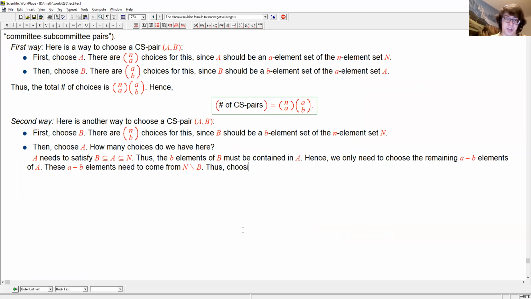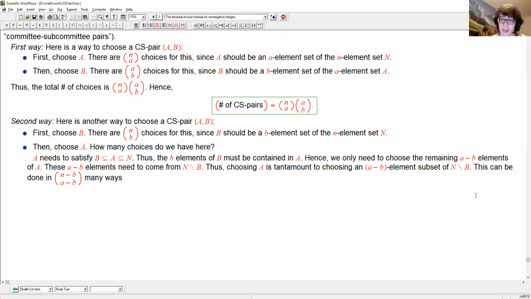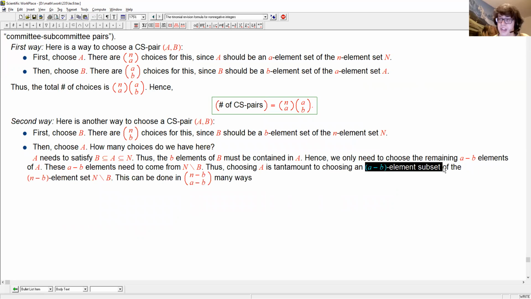So choosing A is tantamount to choosing an a minus b element subset of N without B, because we're really choosing not A anymore, but A without B. But this can be done in n minus b choose a minus b many ways. Why? Well, N without B is an n minus b element set, because B was a b-element set. And from this n minus b element set, we need to choose an a minus b element subset.